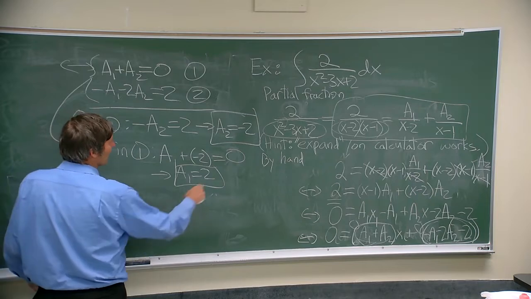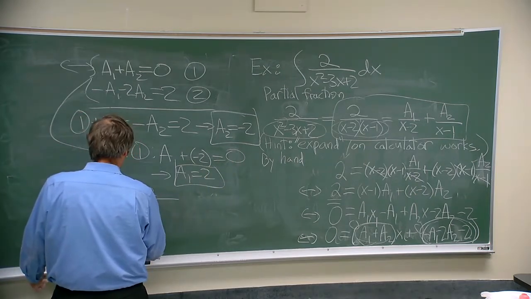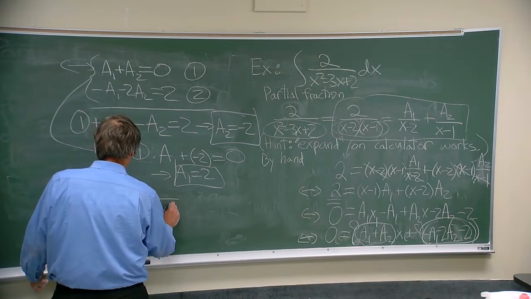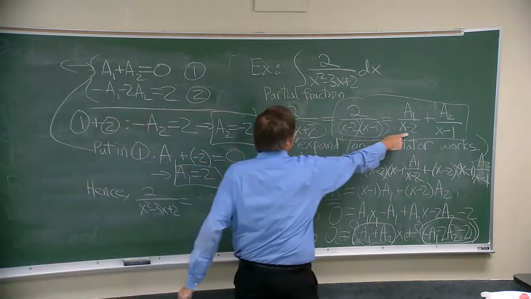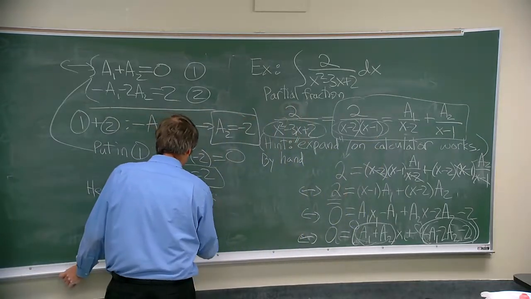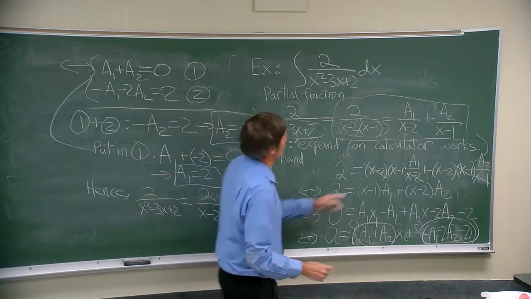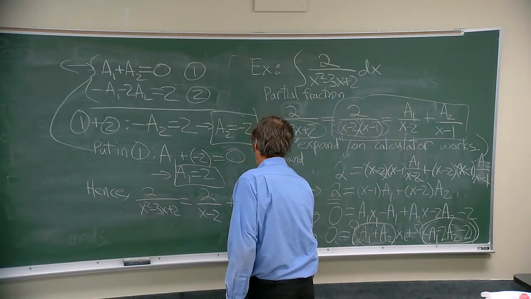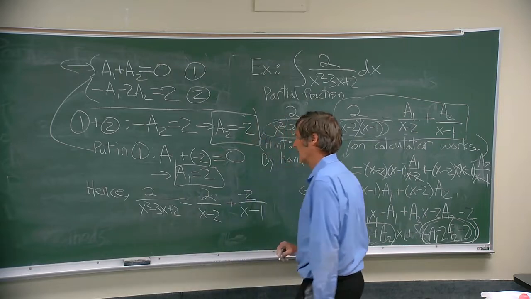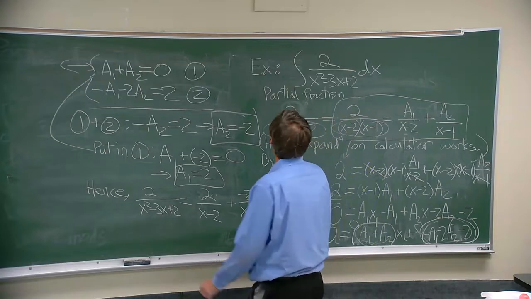What I've found out, by algebra alone, with no calculus at all in this, is that the original quotient, 2 over x squared minus 3x plus 2, will be A1, looking over here, 2 over x minus 2, plus A2, which was minus 2, over x minus 1.